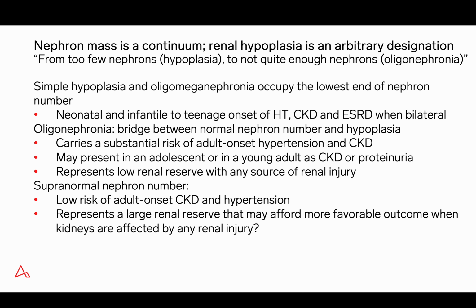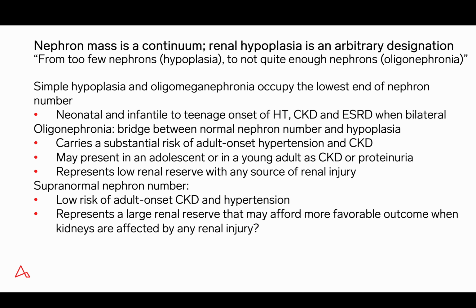And I believe oligonephronia is the bridge between normal nephron number and hypoplasia. Oligonephronia carries a substantial risk of adult onset hypertension and CKD, but may present in an adolescent or young adult as CKD or proteinuria, depending on the degree of oligonephronia present. It also represents a situation where the individual has a low renal reserve with any source of renal injury.